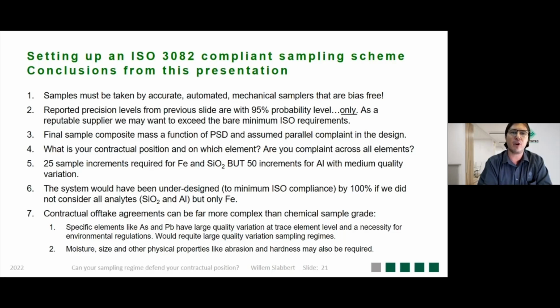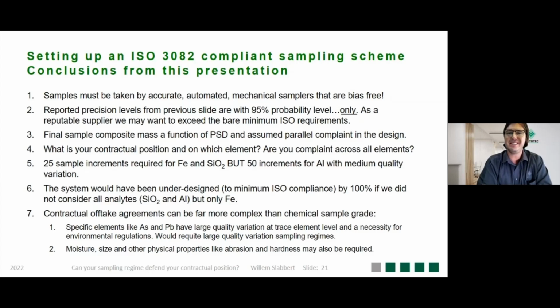Our final sample composite mass is a function of the particle size distribution, which was not discussed in detail in this presentation. And then we need to consider our contractual position, not only on the main two analytes in iron ore trade, namely iron and silica, but also some of the other elements that could include aluminium, sulfur, or phosphorus.